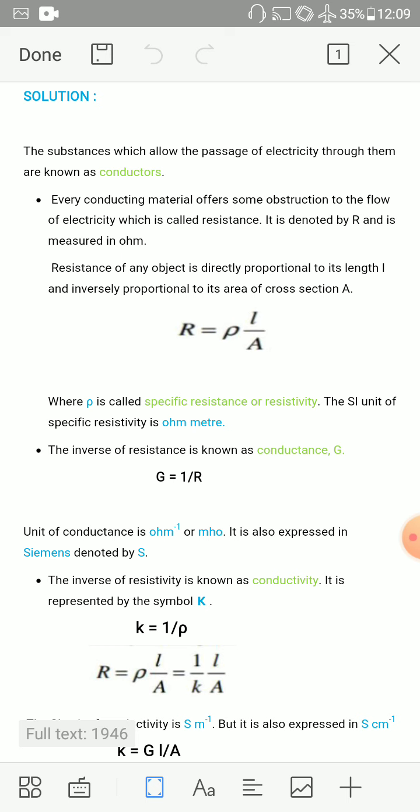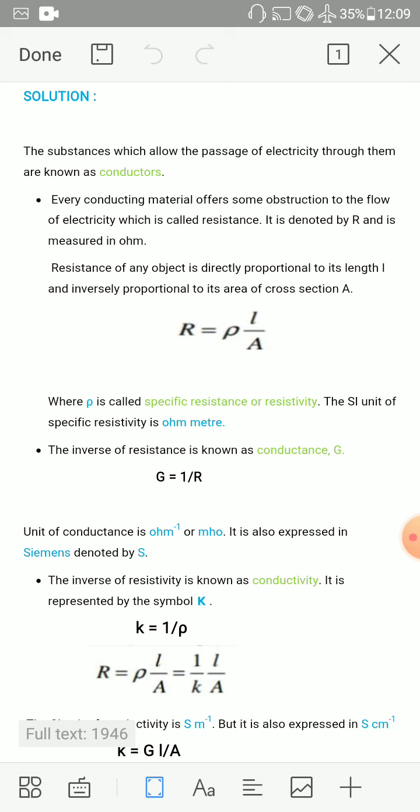So here you have to read that resistance of any object is directly proportional to the length, that is L, and inversely proportional to its area of cross section, that is A. So R is directly proportional to L and inversely proportional to A.